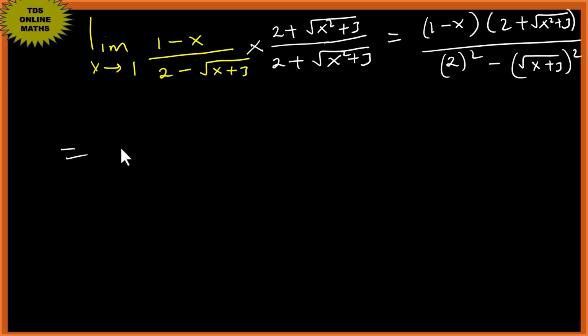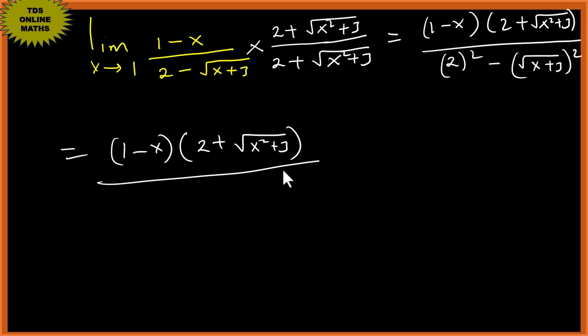Okay, so my numerator, sorry, 1 minus x, 2 plus this. So we have 4 minus, let me introduce bracket, x plus 3. So I have 1 minus x.